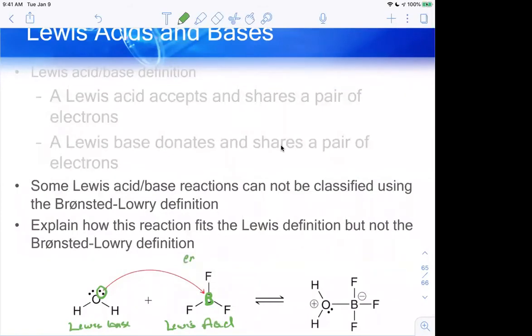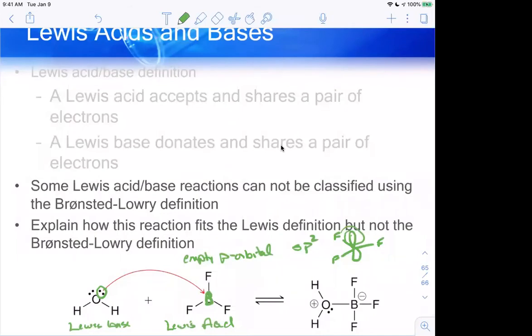If I look at this, remember, this is sp2, so what I have is trigonal planar with my empty p orbital. When this is boron, I have my fluorines, but that p orbital exists, empty, waiting for a lone pair. So when a Lewis base is around, it can donate its lone pair into this empty p orbital.